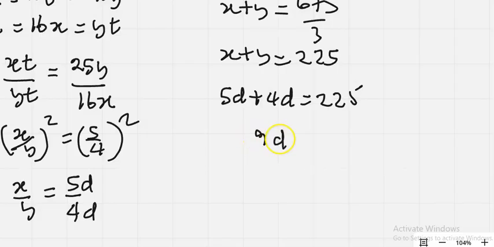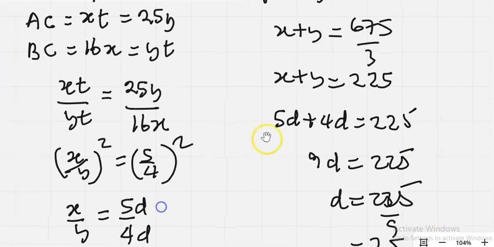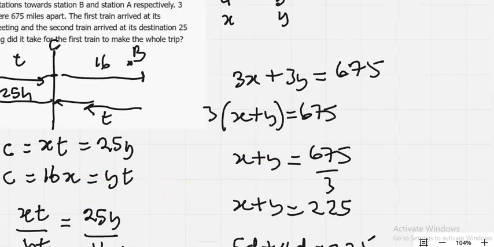So 9d equals 225, so d equals 225 over 9, which is 25. Now, since we know that d is 25 and x is 5d, 5 times 25 is 125. 4 times 25 is 100.